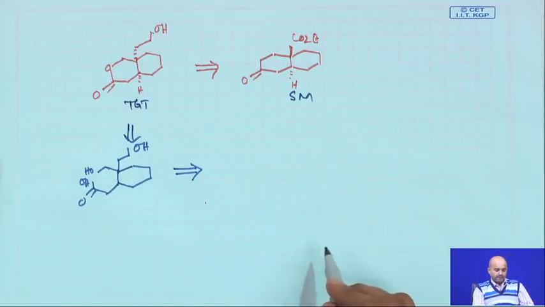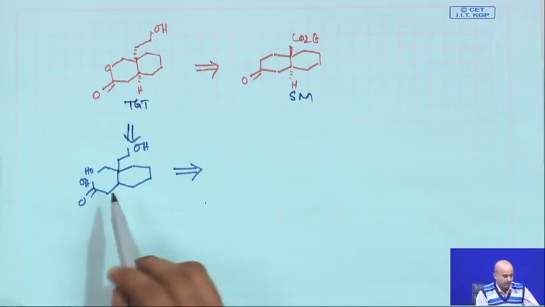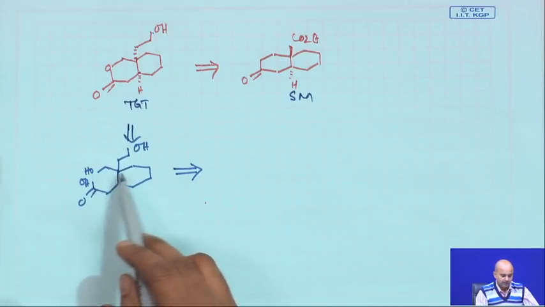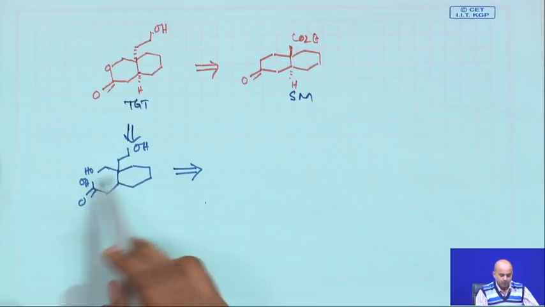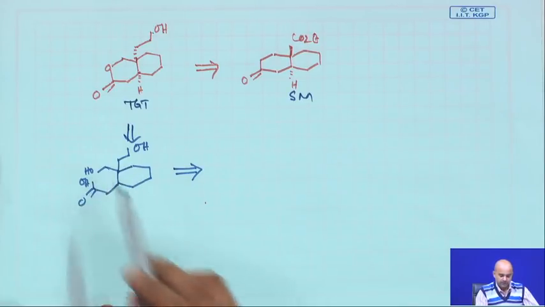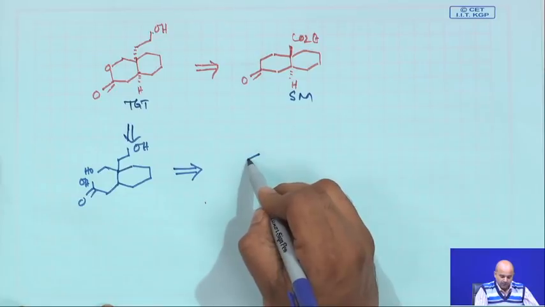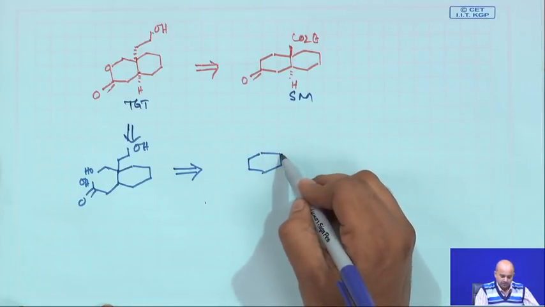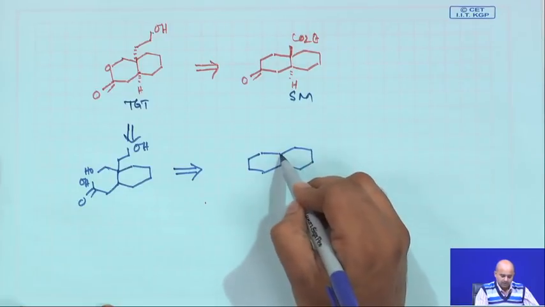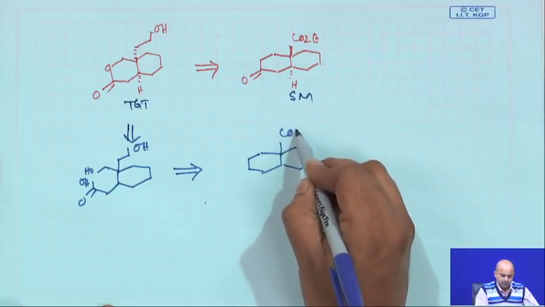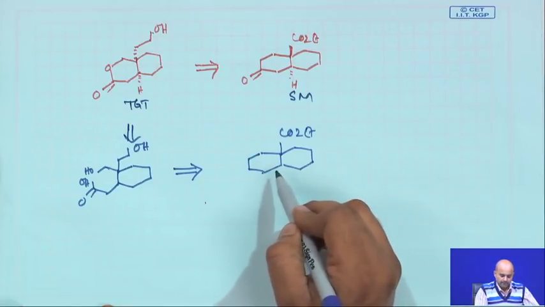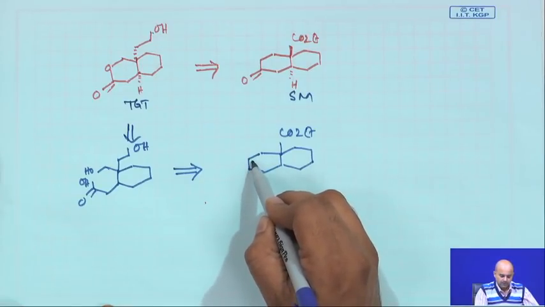Now, here is how you can formulate that this compound will generate this. We formulate an intermediate.